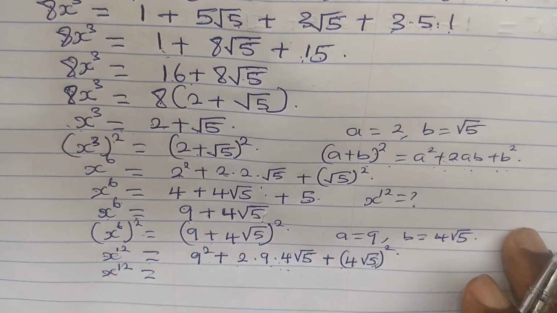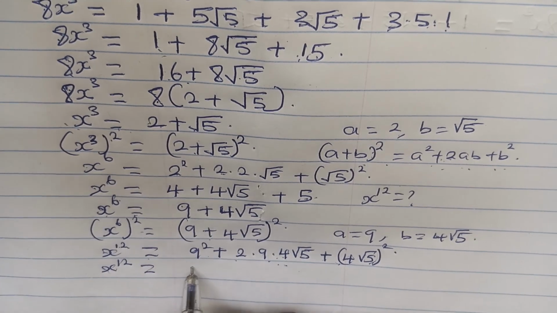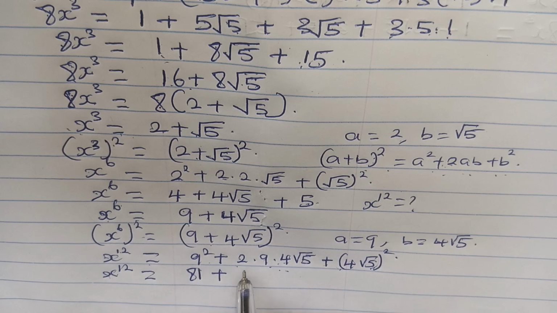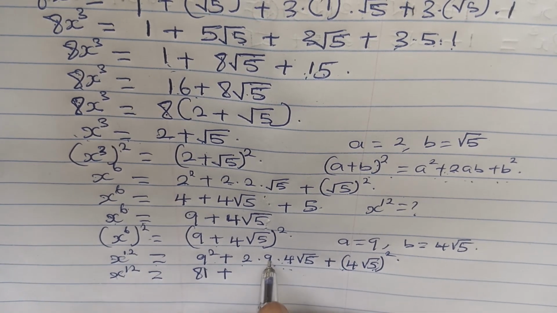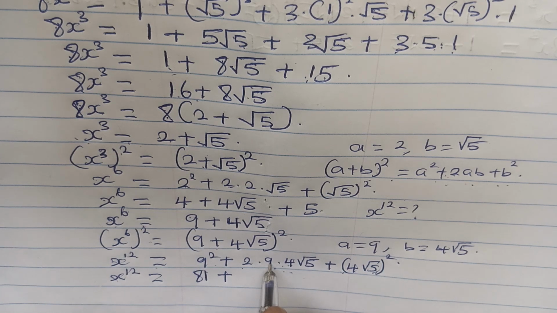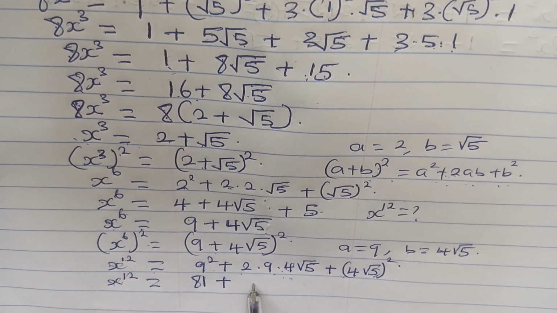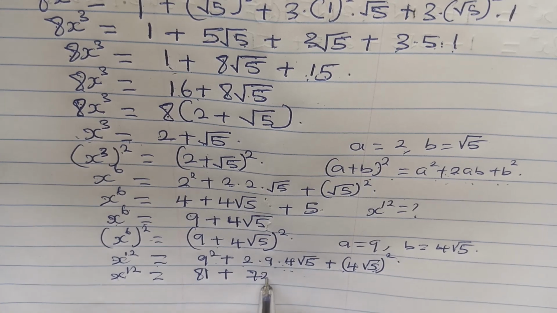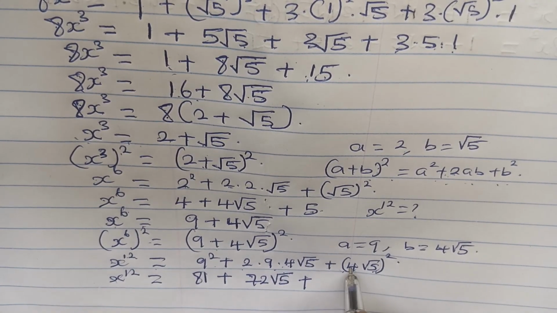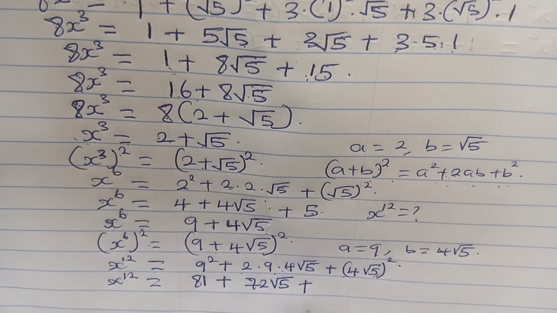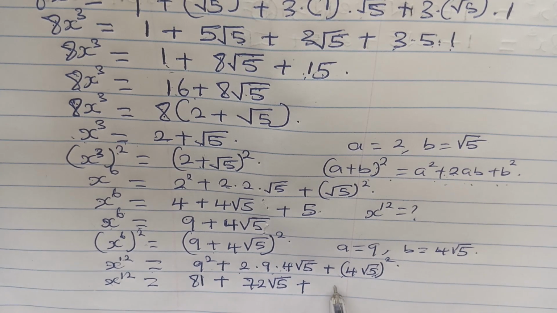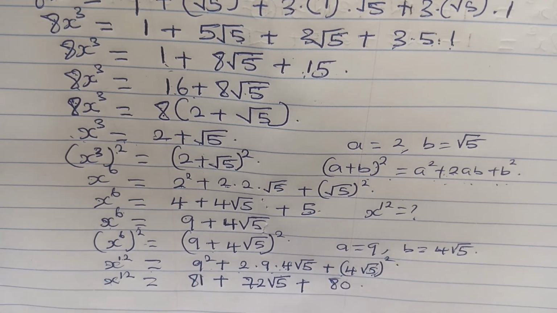If we open the brackets, we have 81, plus 2 times 9 is going to give us 18, and 18 times 4 is going to give us 72, so we have 72 root 5, plus this becomes 16, and 16 times 5 is going to give us 80. So we have 80 here.